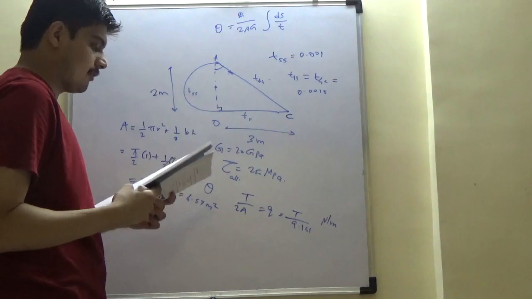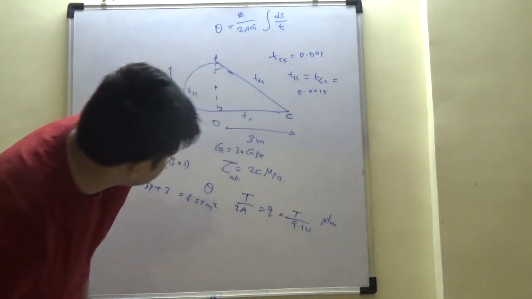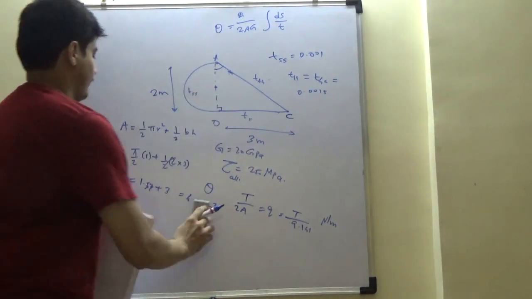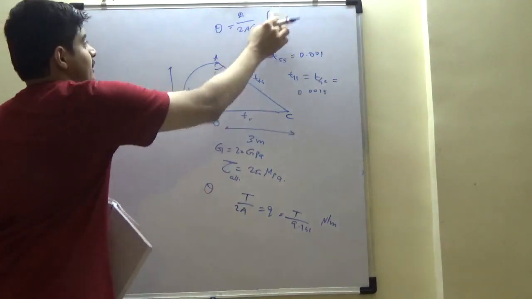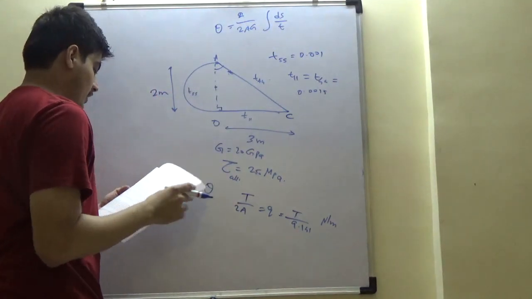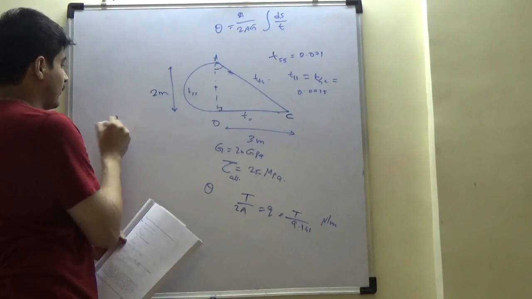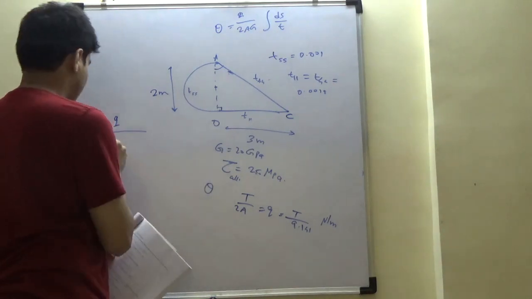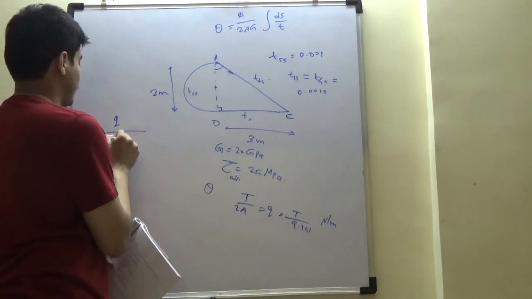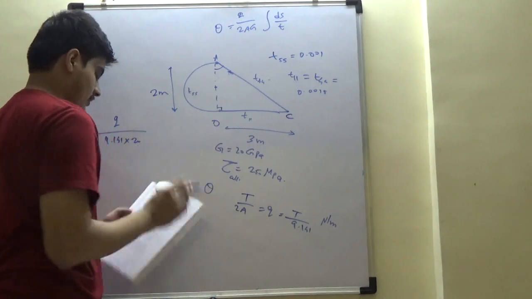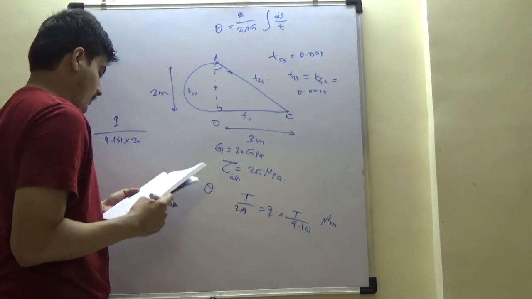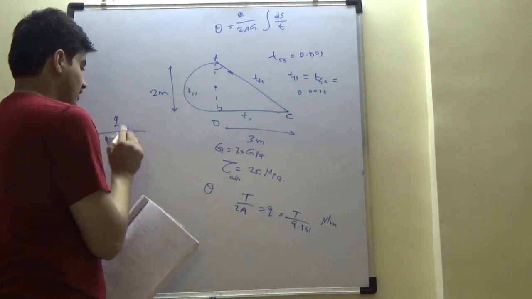We have seen this shear flow. Now what will this integral be? This integral ds upon t, which I have to find out, is nothing but, area is known by the way, 9.141 into G, which is 20 GPa. This is Q.